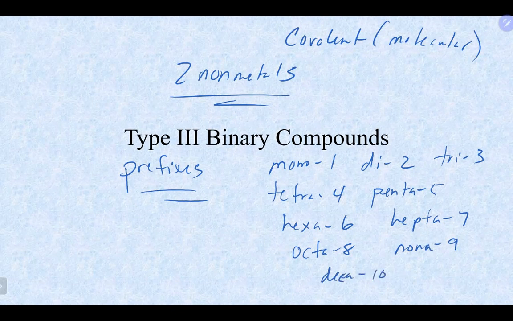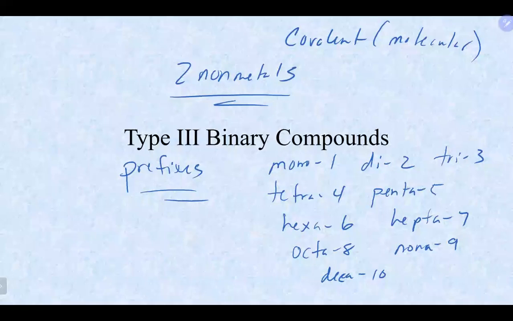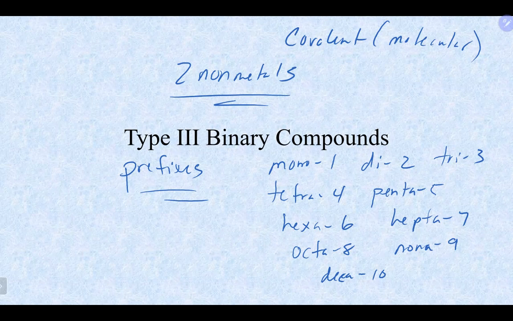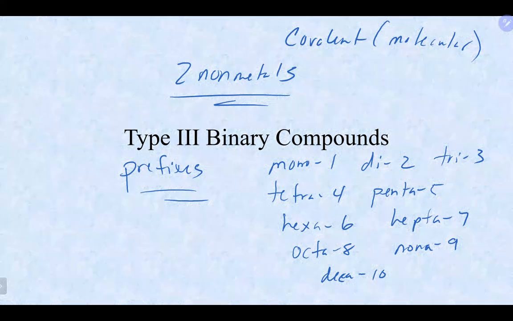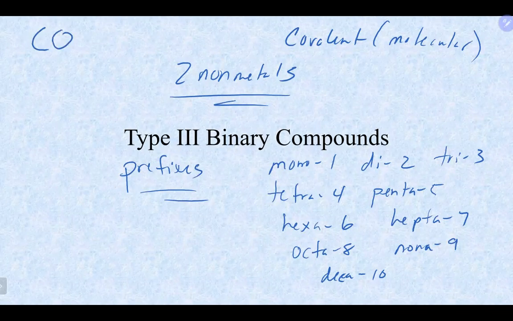So these are prefixes where we use them. There are a couple of things in terms of the prefix that we do need to take into account. The first one, and really the major one, is we do not use mono on the first name, but it's okay to use it on the second name. So when we get something like CO, for example, carbon is a nonmetal, oxygen is a nonmetal, that is a type 3 compound.